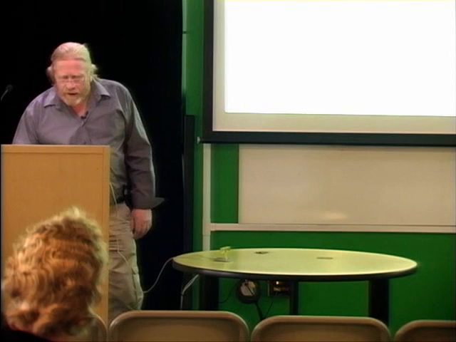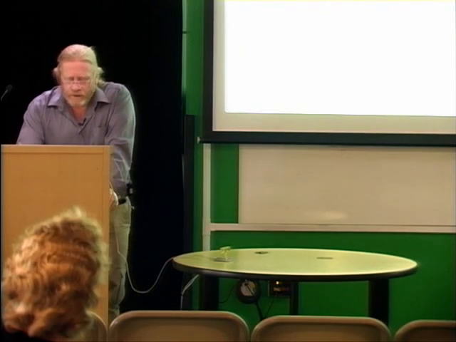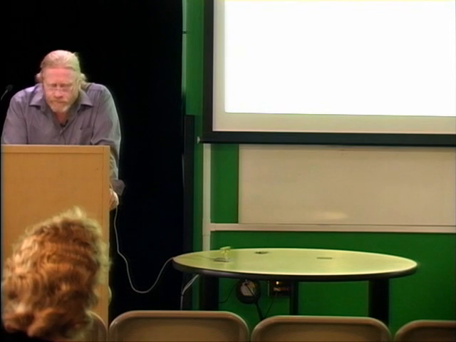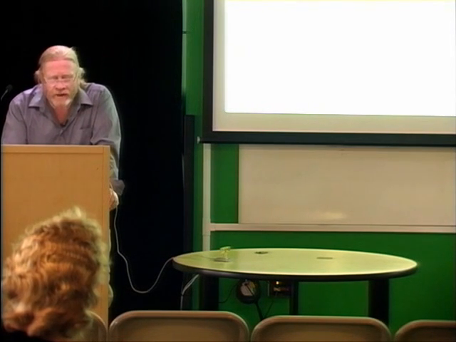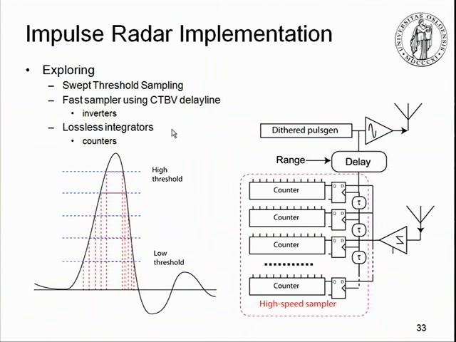We had another approach, which I think is quite important. We call it swept threshold sampling. A little bit difficult. Basically, these blue things could be different threshold voltages. If we have a high threshold, we'll get this dashed red narrow pulse here.